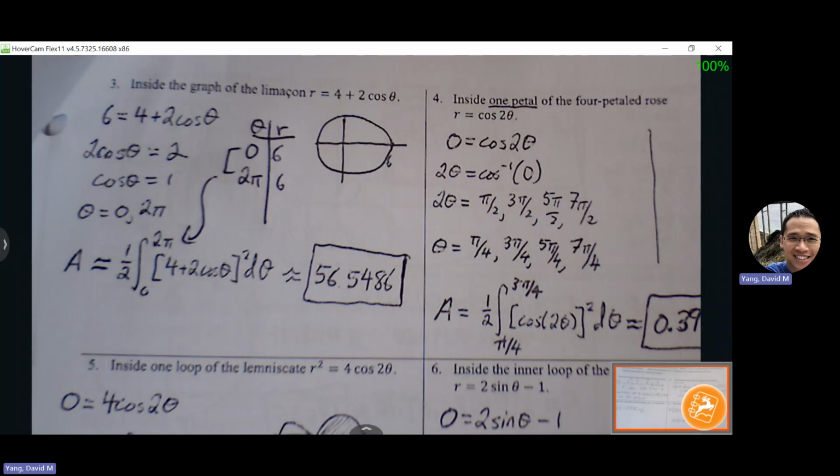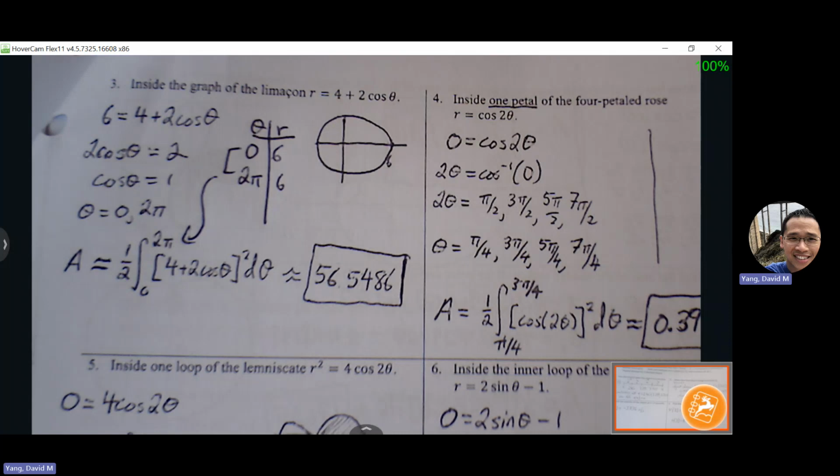Right, so I would say if you're just dealing with a limaçon or whatever, where there's no polar zero, then I just need to know where the starting and ending point is so I can get that full cycle. But anytime there is a loop or a petal, then I'm looking to see where two consecutive polar zeros are going to occur.